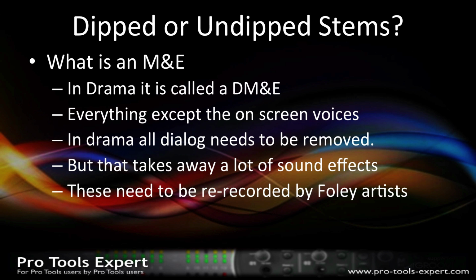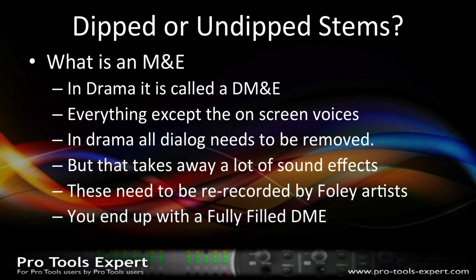The idea is that if you remove all the dialogue, then by using the Foley and pushing it more, it replaces the missing on-screen action. Therefore, all the sounds that came in via the microphone when you were recording the dialogue on location, minus the dialogue, obviously. That's what's called a fully filled DME.